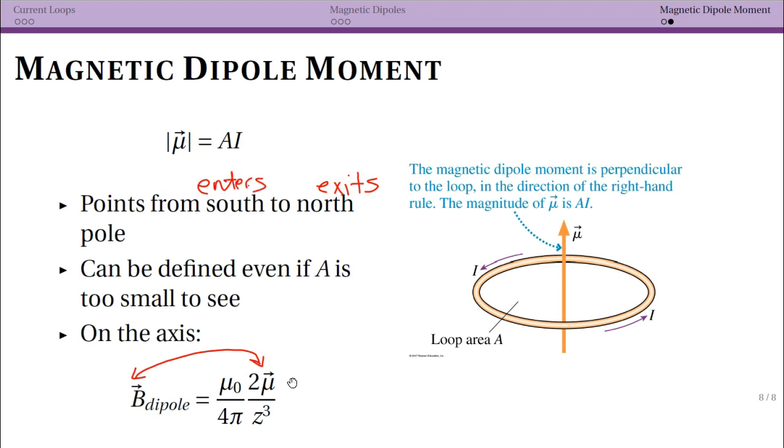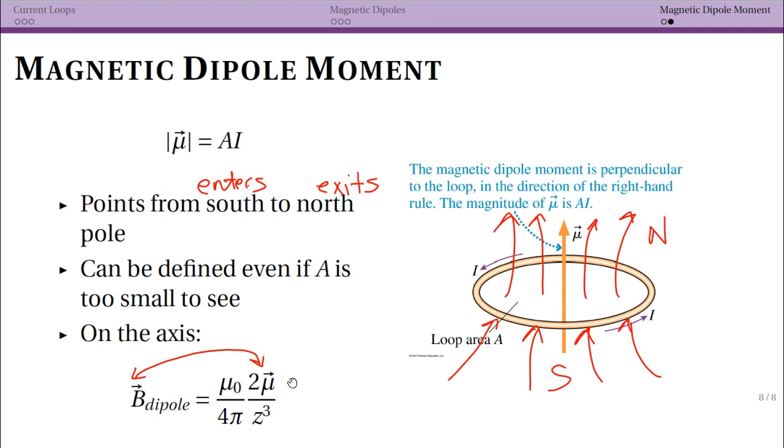So what that would look like in this little loop is you have your field entering, so this is your south, and then you have your field leaving, so this is your north. And you can actually check that really quick with the direction that the current is labeled to make sure that everything is in agreement.